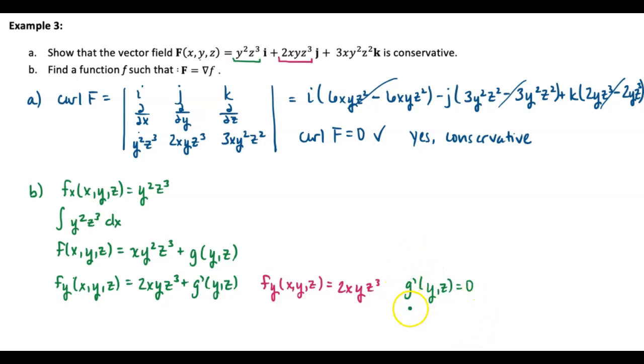If this is true, then g of y and z is just equal to some constant.